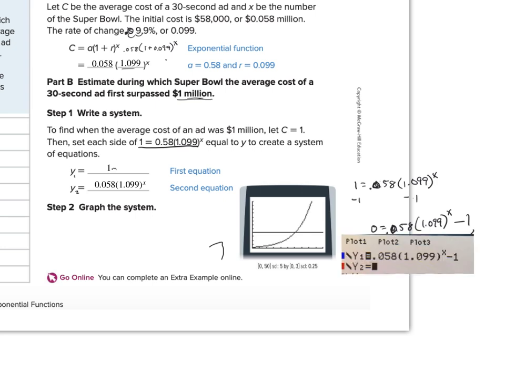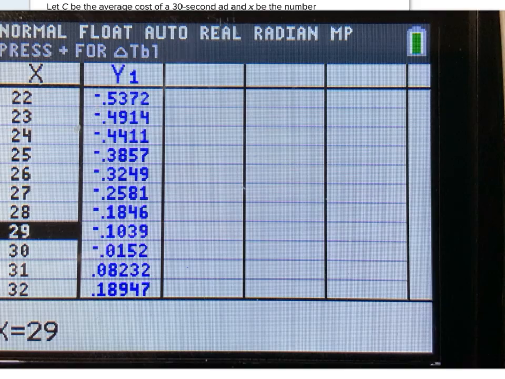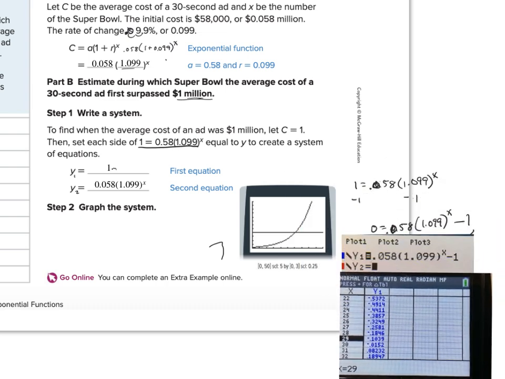So then when I put it into the calculator and look at the tables, I'm able to identify on my table that as I travel down from 23, 24, 25, down to 29, I've almost hit a 0, and then 30, I've almost hit a 0, and then what I can find out is somewhere between 30 years and 31 years, I went from a negative to a positive, so I went over a million, which would have been when I equaled 0.